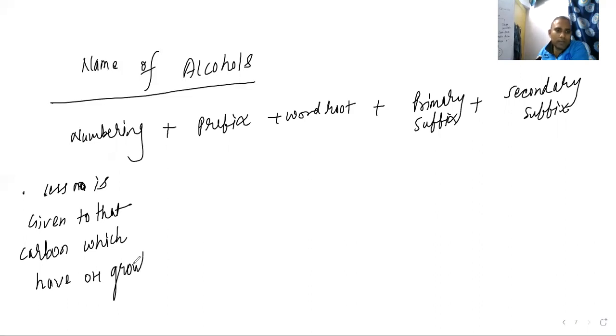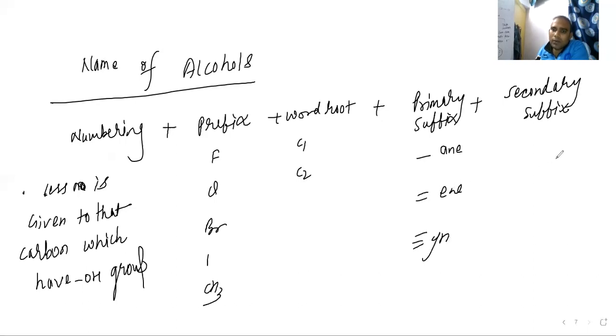We have to give the least number to that carbon which has the OH group, right? Prefix you already know: F, Cl, Br, CH3. Word root you already know. Primary suffix you know: ane, double bond is ene, triple bond is yne. And the OH group is there.